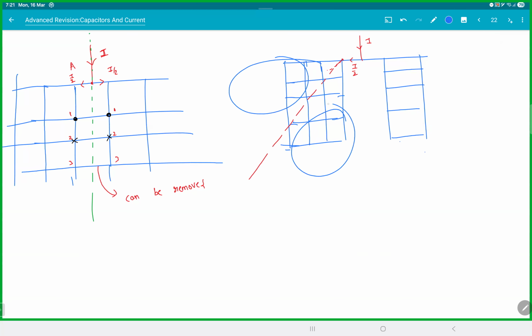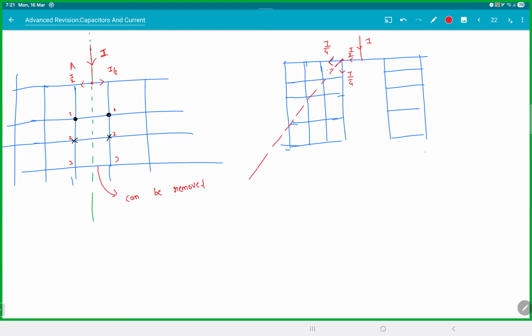So this half and this half are identical. About this point, this is a big infinite grid, isn't it? If you draw a line like this at 45 degrees, that will be symmetrical. So that means current again here will split I by 4 and I by 4. Now after that, what happens, I have no idea. But till here, we can figure it out.